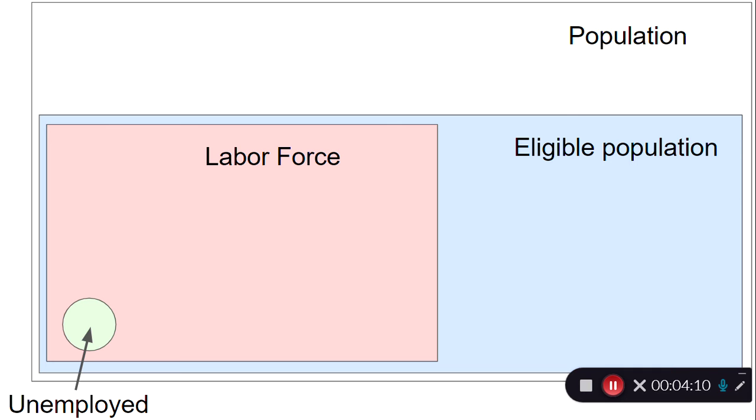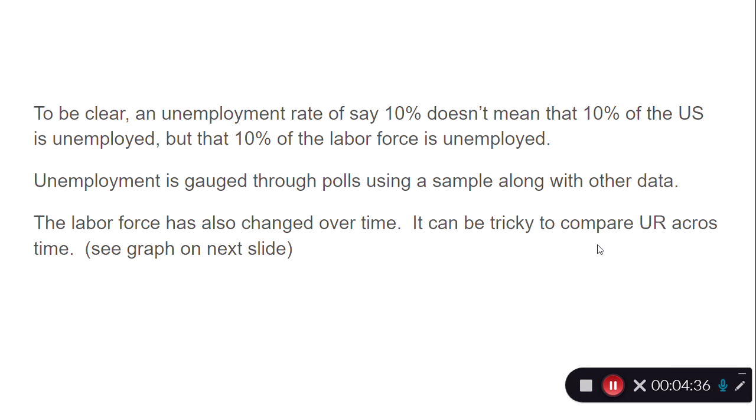And then we have the eligible population, folks who could be part of the labor force. And then we have the labor force. And then of the labor force, we have unemployed. So if you hear something like a 7% unemployment rate, that does not mean that 7% of Americans are unemployed. It means 7% of the labor force is unemployed. That's what that says right there.